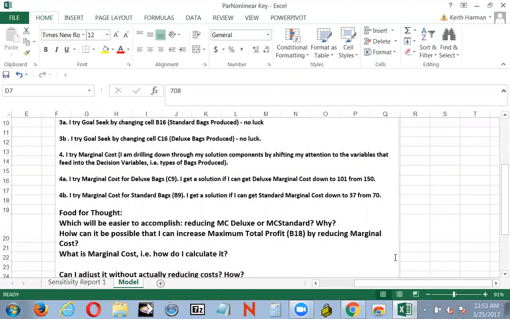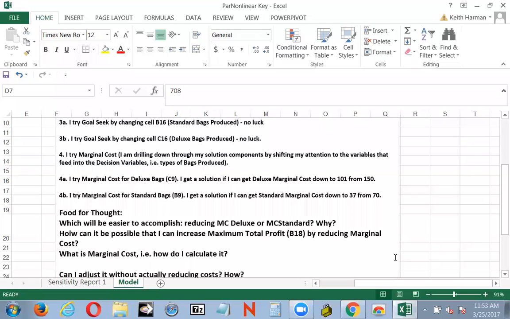And then what is the marginal cost? How do I calculate it? Here's another of those questions I ask. Marginal cost is pretty simple. It's on a per unit basis. It's the revenue per unit minus the variable costs. Marginal cost, in other words, is money I have left to pay on fixed cost.